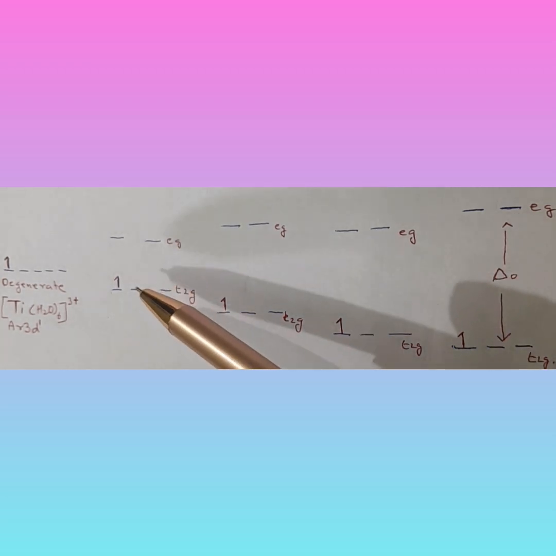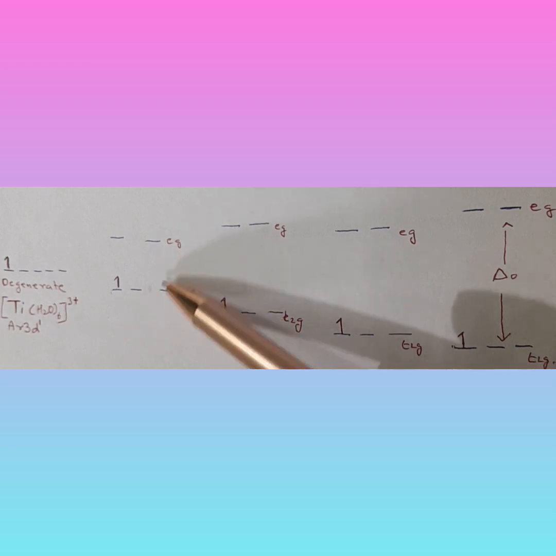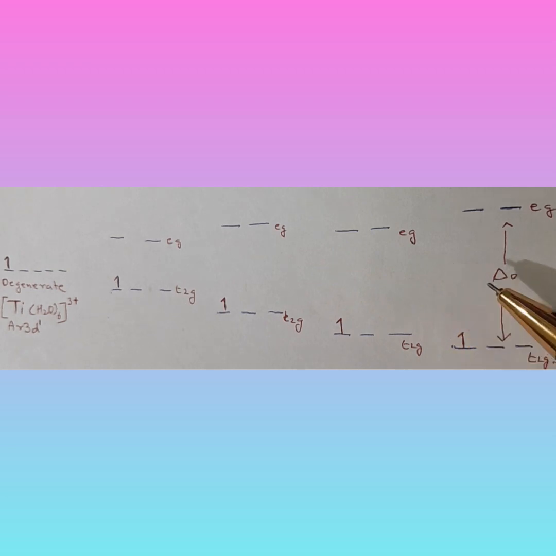Now it is approaching, approaching very close, and it has approached to its suitable position. So we are finding that the energy gap between t2g and eg keeps on increasing as the water ligands approach the central metal ion, titanium. So this is the ultimate splitting.